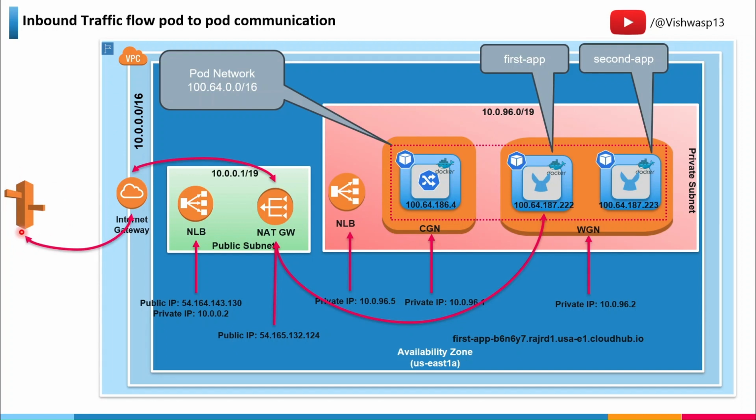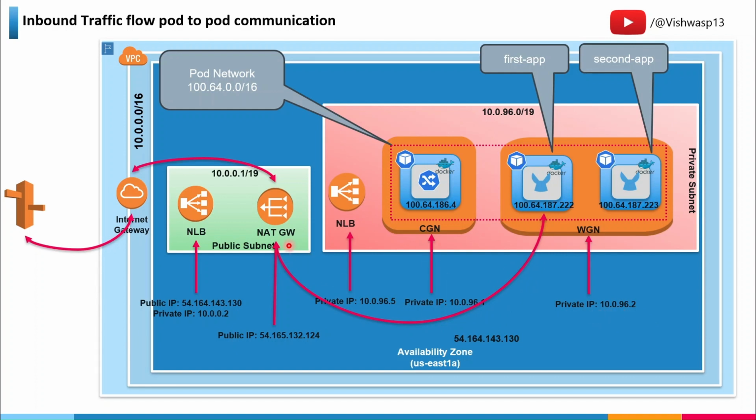The public DNS server will respond with the public IP address of that particular domain. In this case, the public IP address that is resolved is that of the network load balancer, which is present in the public subnet. So again, the flow will be the same. Now, using this IP address coupled with the host header, the request goes to the NAT gateway since it's a private IP, right?